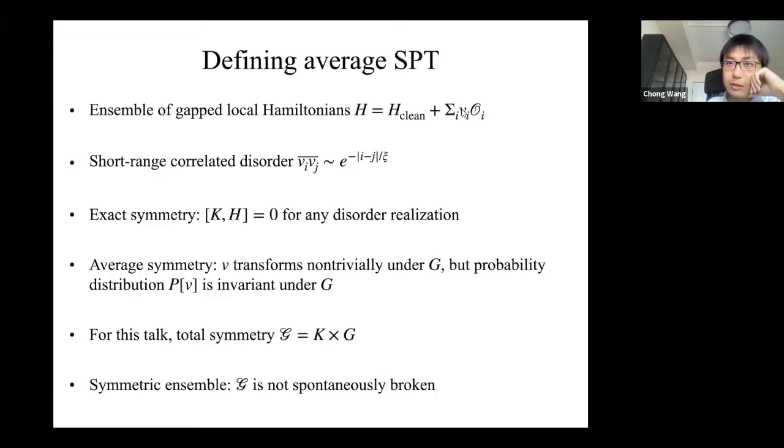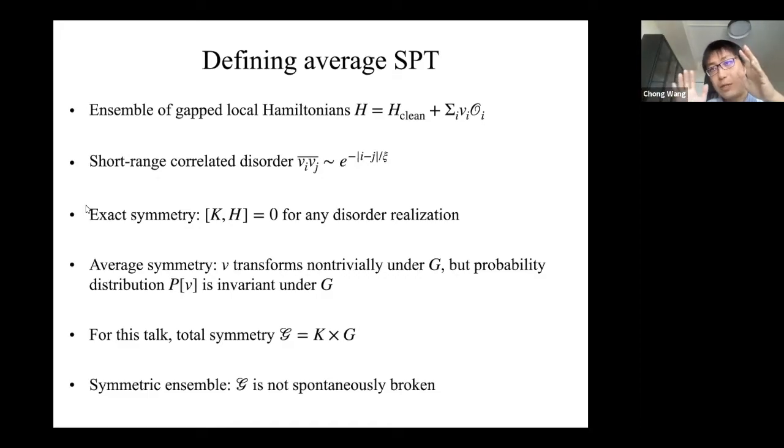And I want this V to have some probability distribution over some domain. The only thing I demand here is that V's are short range correlated. It doesn't hurt to make it completely uncorrelated in space, which is usually what people do, but having an exponentially decaying correlation function doesn't hurt. Okay? By the way, the bar here just means averaging over the disorder ensemble.